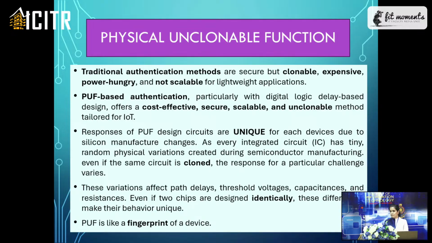When we design the same integrated circuit twice, the two circuits still have tiny random physical variations because of differences in semiconductor manufacturing. So even if the same circuit is cloned, the response for a particular challenge varies. So a PUF, the physical unclonable function, works as a fingerprint for a unique device.